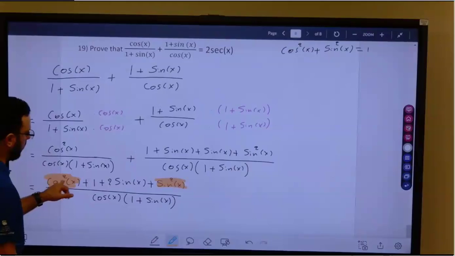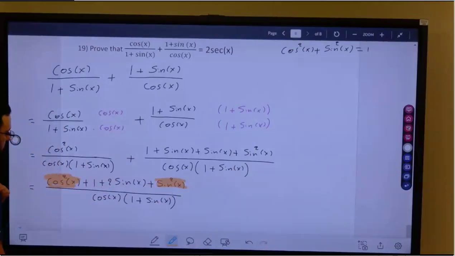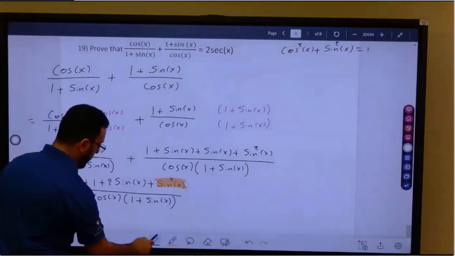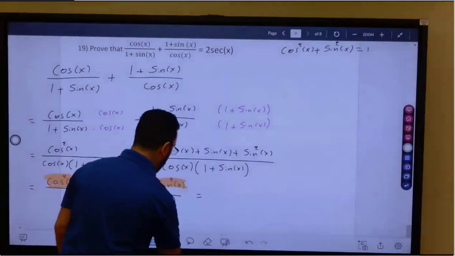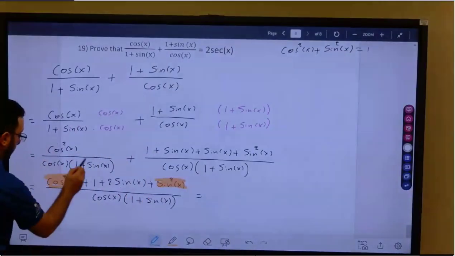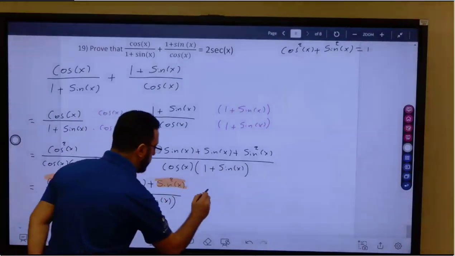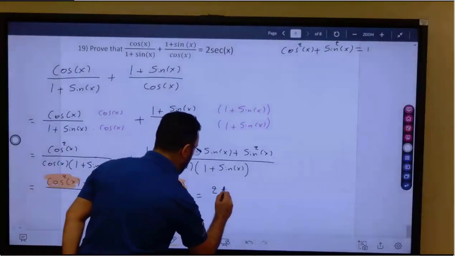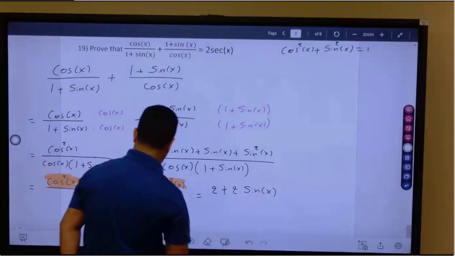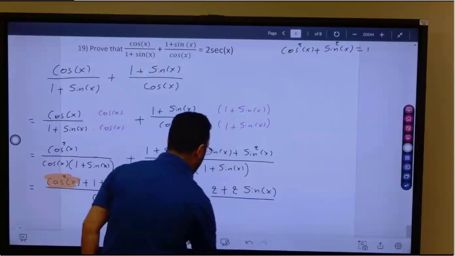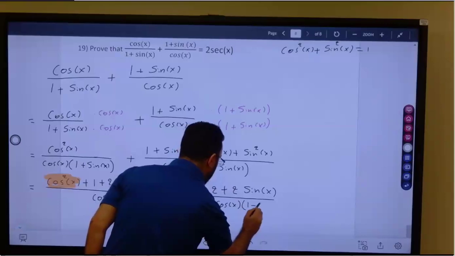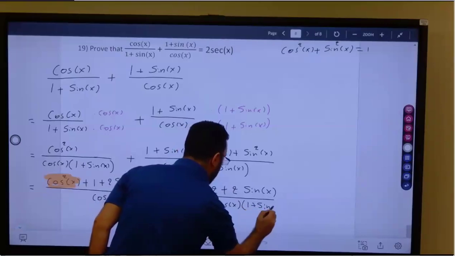And 1 plus 1 is going to be 2. That means by adding this one plus this one, we get 1. 1 plus 1 is going to be 2, plus 2 sine x, and everything is divided by cosine x, 1 plus sine x.